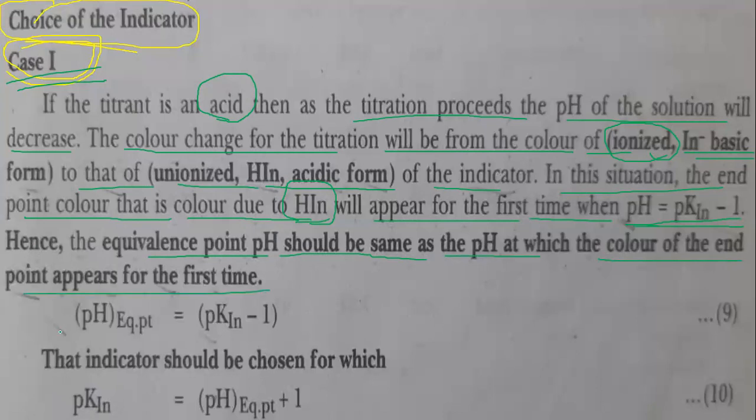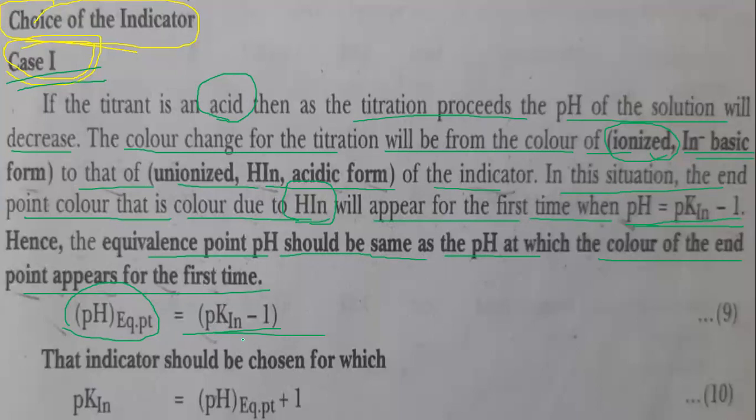Means, at the equivalence point, pH should be pKin minus 1. Your ionized form is now shifting to the unionized form, and unionized form is the acidic form, and the indicator will show the color which is its own color for the acidic pH. For the basic pH it shows a different color, for the acidic pH it shows a different color.